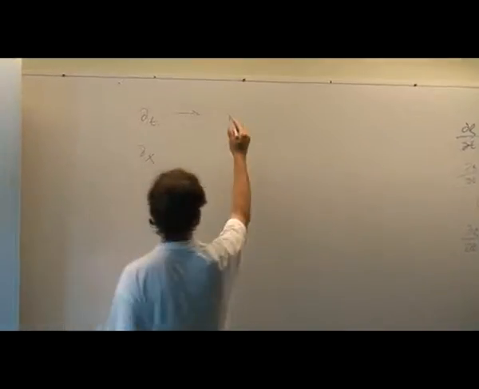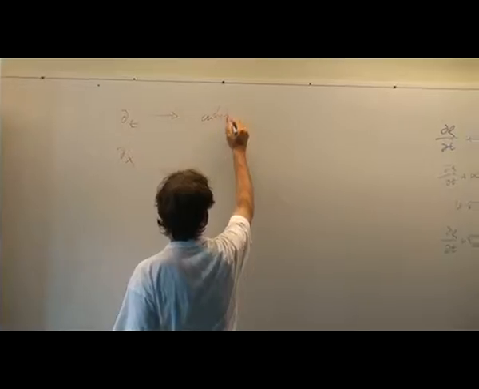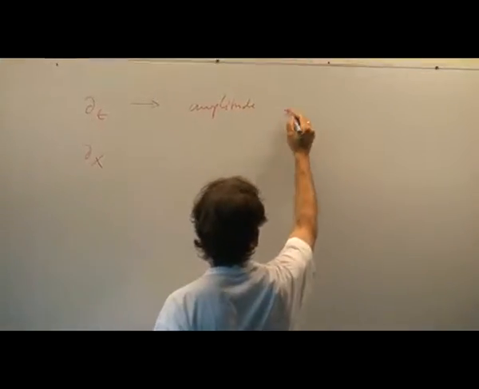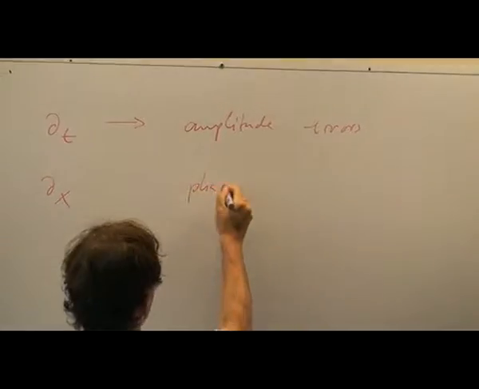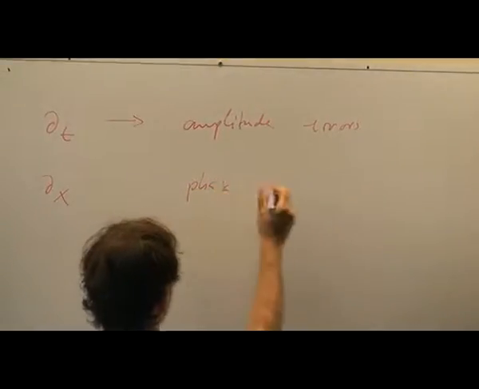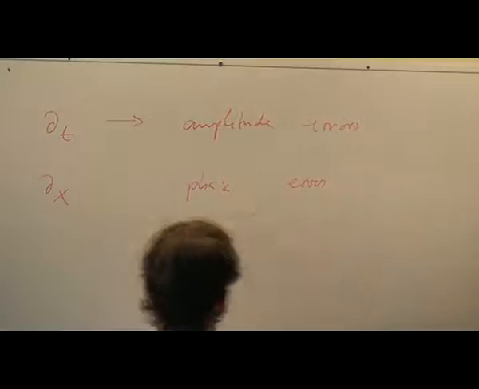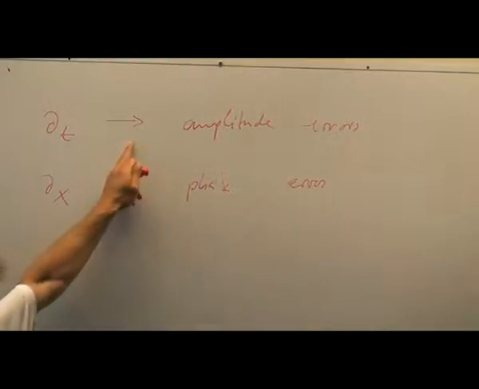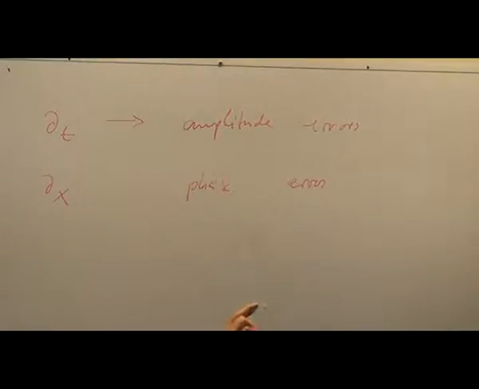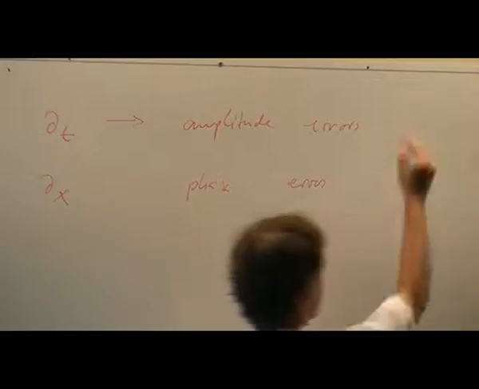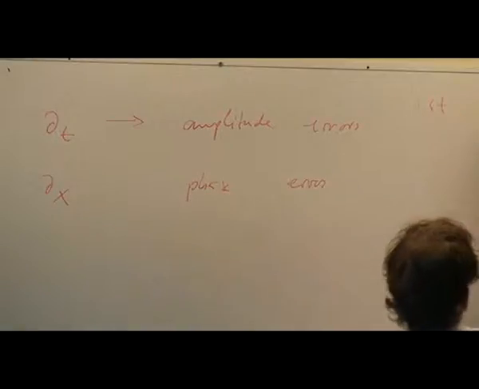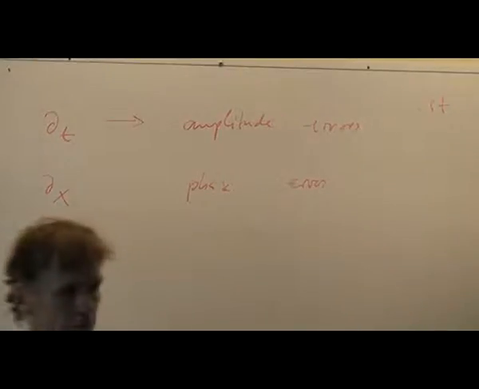The temporal discretization can give rise to amplitude errors, and the spatial one can lead to phase errors. So, for example, if you do an advection with an Euler scheme, you will find that your sine wave will grow in amplitude steadily. That means the first order scheme has a positive amplitude error. The amplitude will increase with time.